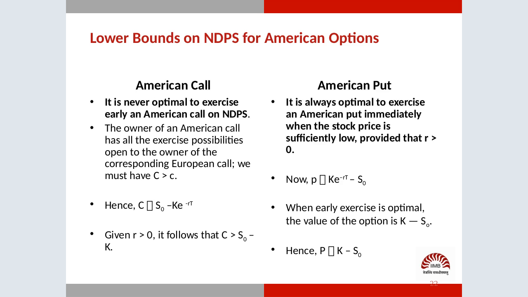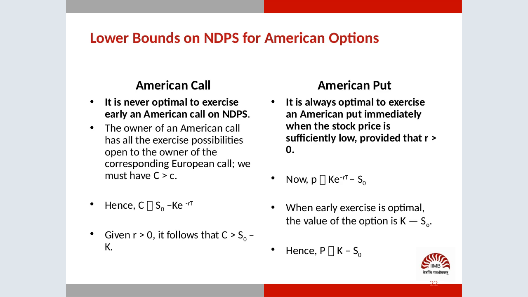Now, I did this for the European options, lower bound. What about the American options? For the American option, the call is easy. It is never optimal to exercise the American call early. This is because if you are the holder of an American call, you have all the exercise possibilities open to the owner of the corresponding European call.